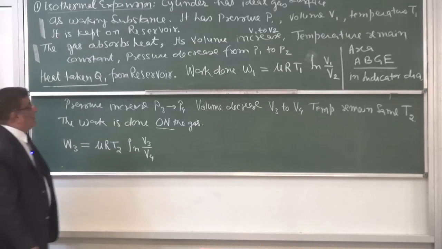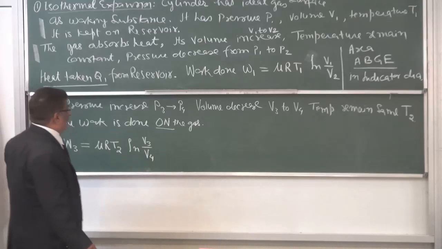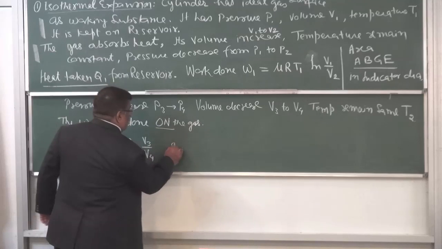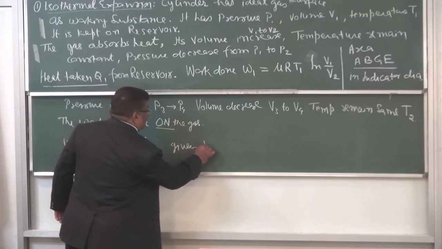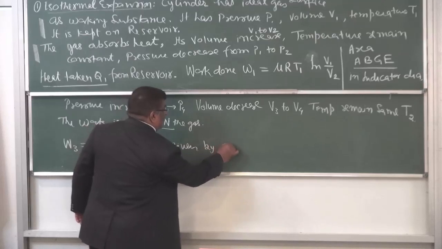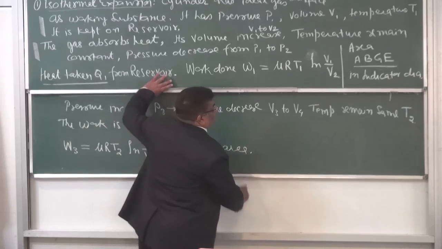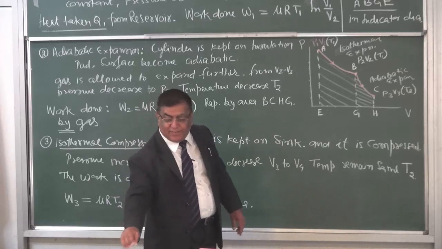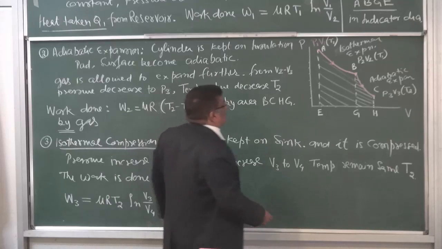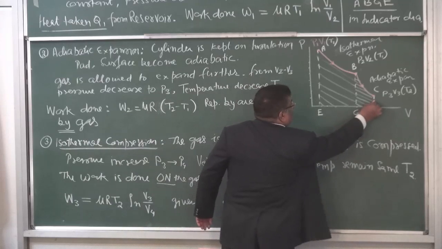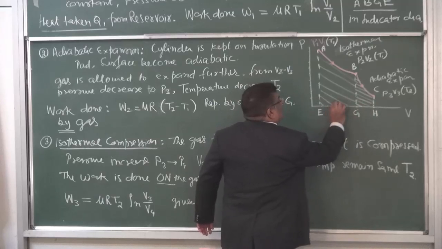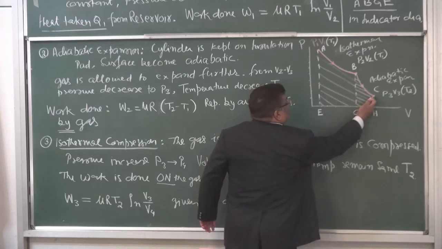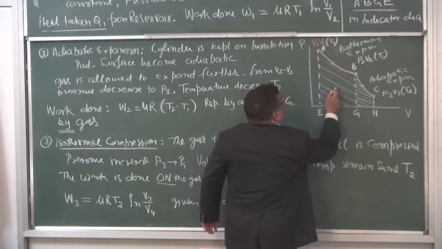Okay. Now can we show it by the indicator diagram? Yes. यहाँ पर देखिए किस एरिया में हमको मिलेगा. The volume has decreased, the pressure has increased. So it will go somewhere here.